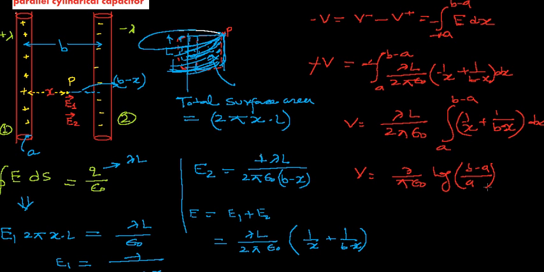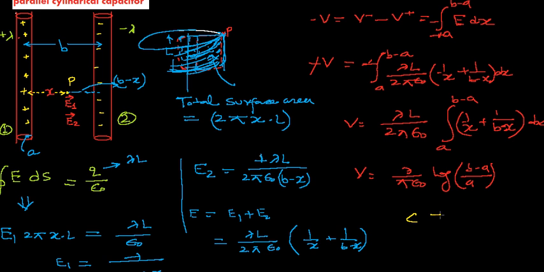Now what is C? Here C will be infinite. There is no concept of total C here because we are assuming this cylinder is infinitely long. Then here we will have the concept of capacitance per unit length, which is charge per unit length divided by V. When we write C, it means the capacitance per unit length.